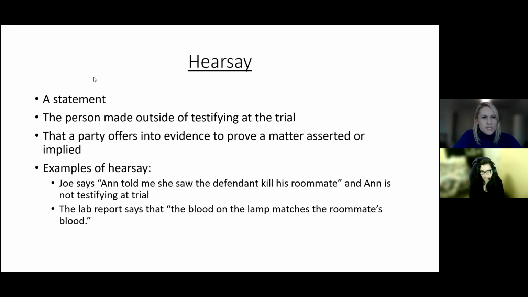Okay, I guess we should get into hearsay now. Hearsay is the toughest concept. Hearsay means that you are offering an out-of-court statement for the truth of the matter that is asserted. So here we go. Joe says, Anne told me she saw the defendant kill his roommate.